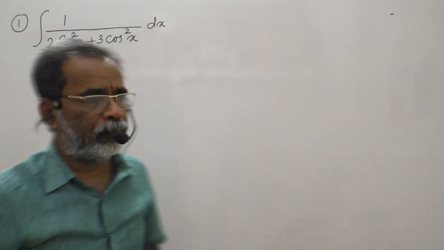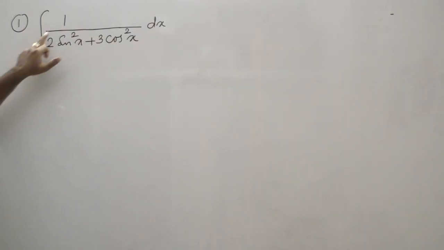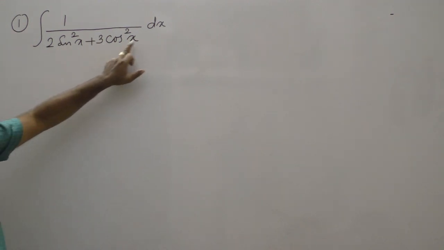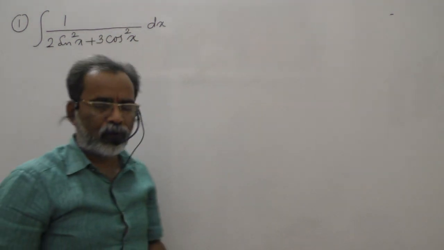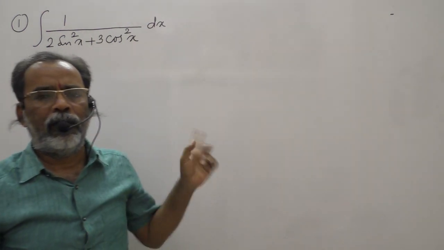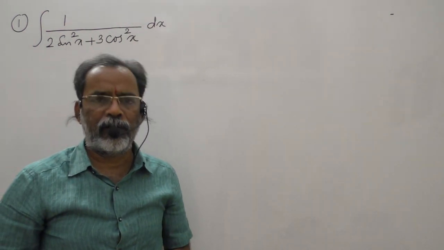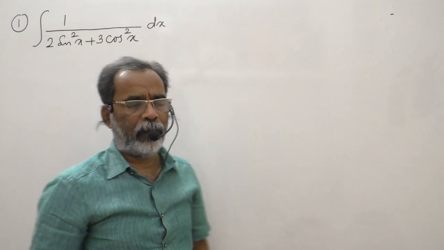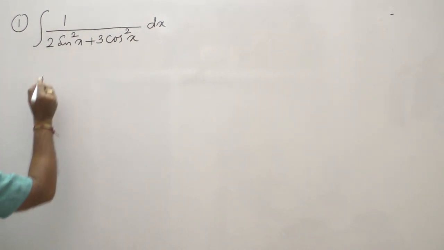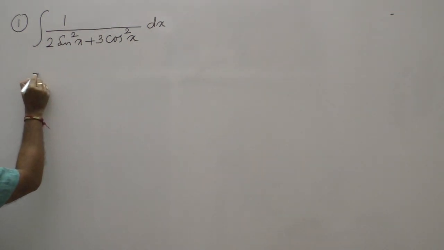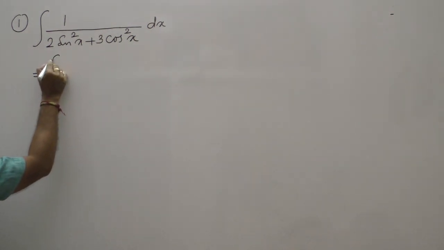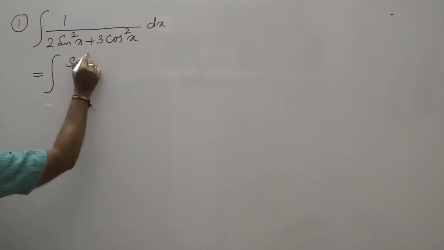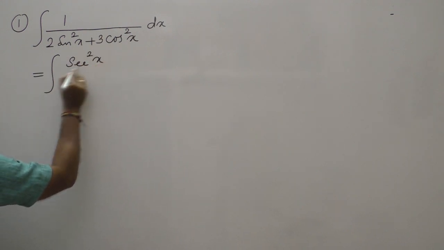See this problem. Integral 1 divided by 2 sin square x plus 3 cos square x into dx. This is integration of rational trigonometric functions of the first type. So what is the procedure? Very simple. Multiplying numerator and denominator by secant square x.